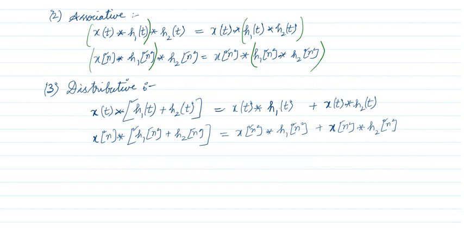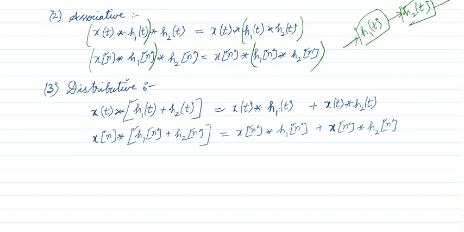We look at some other properties. Yes, this is a very important property: the associative property. Assume I have two systems whose impulse responses are h1 of t and h2 of t. They are in cascade.